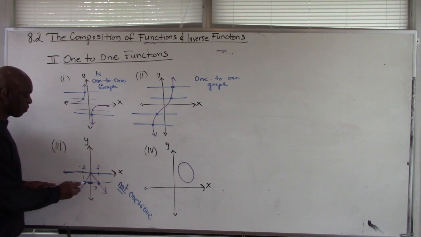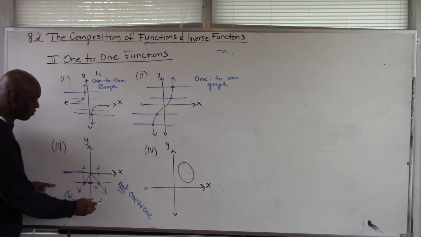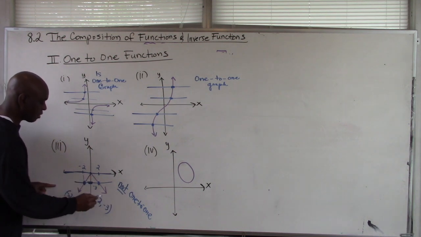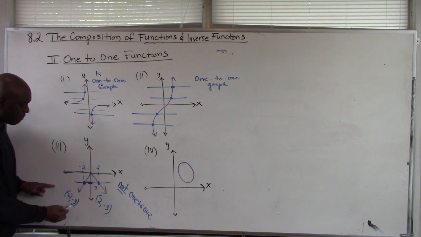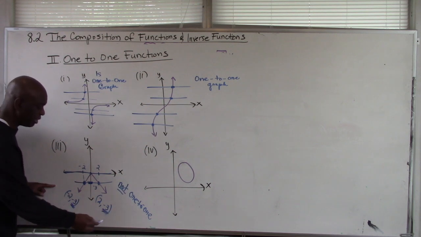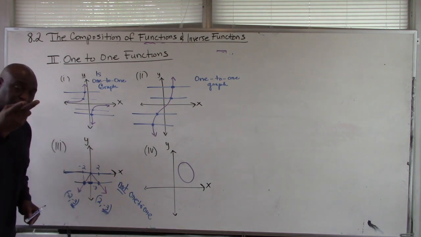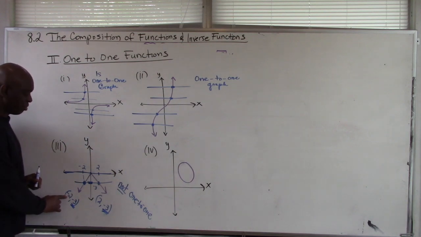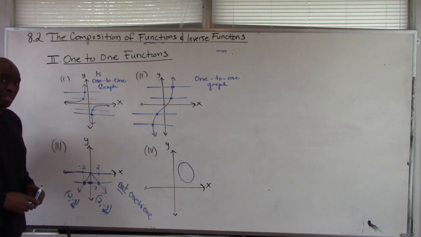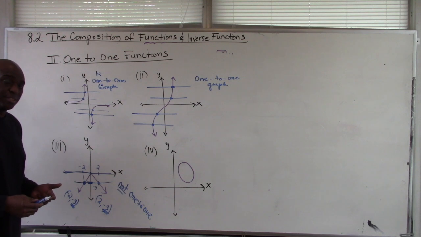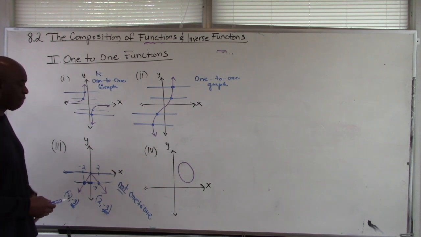So then this point right here is going to be -2, -3. And then this right here is going to be +2, -3. You see this one y value, -3, it has two different x values, -2 and 2. So it's 1 to 2, right?